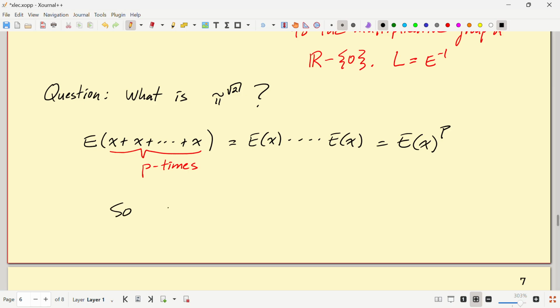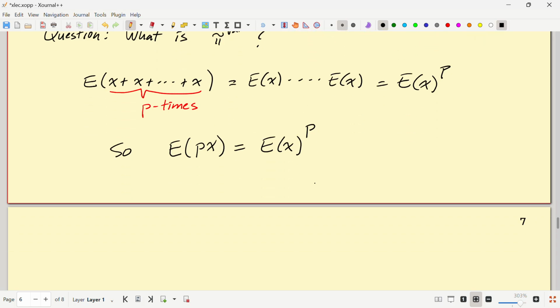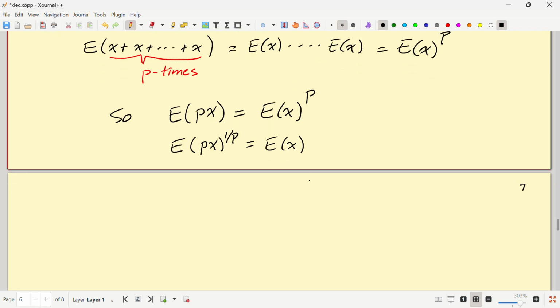So e to the px equals e of x to the p. And if I take the pth root, I would get that e to the px to the 1 over p is equal to e to the x, and stuff like that.